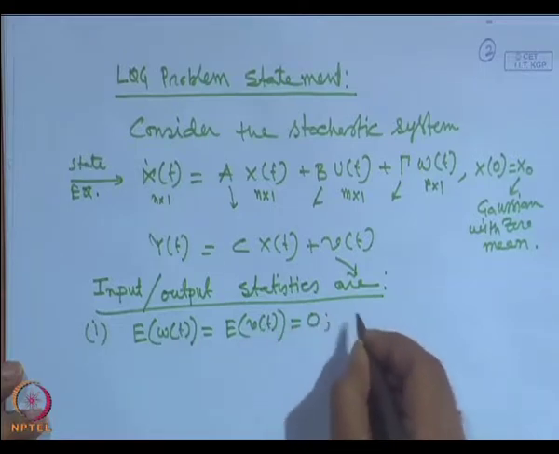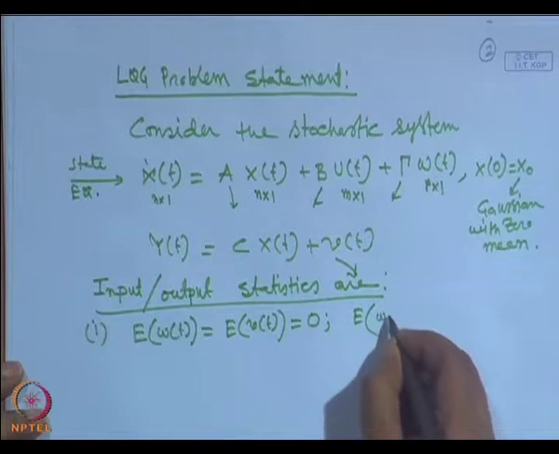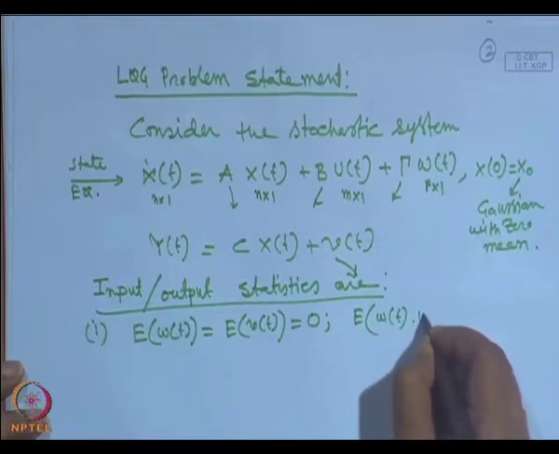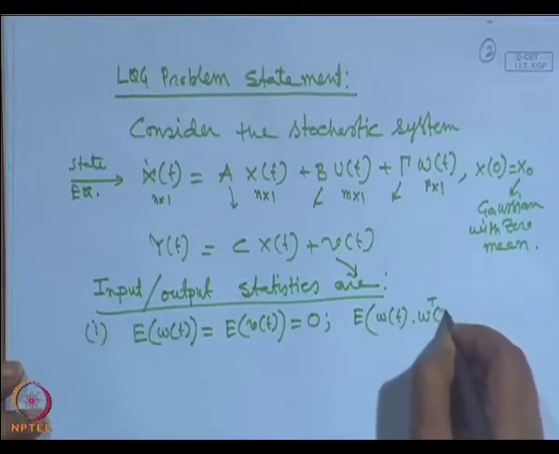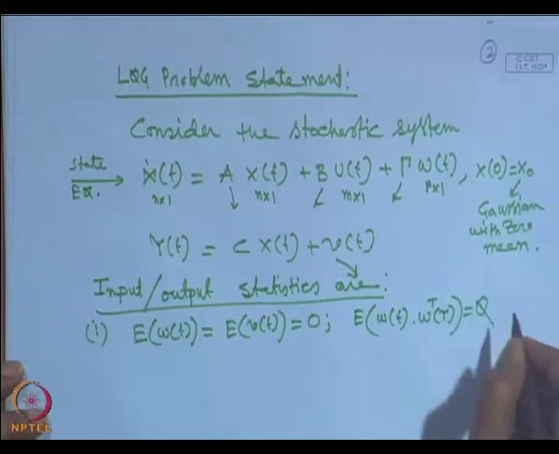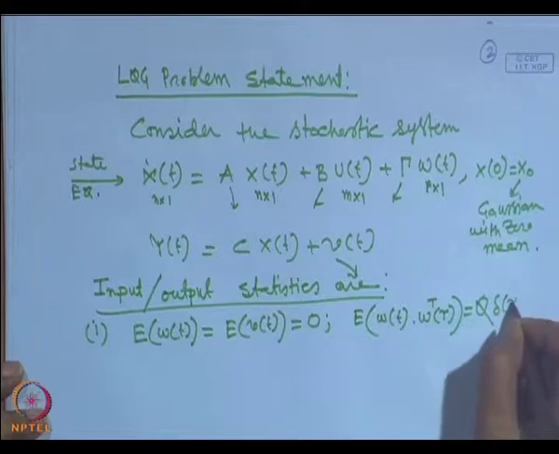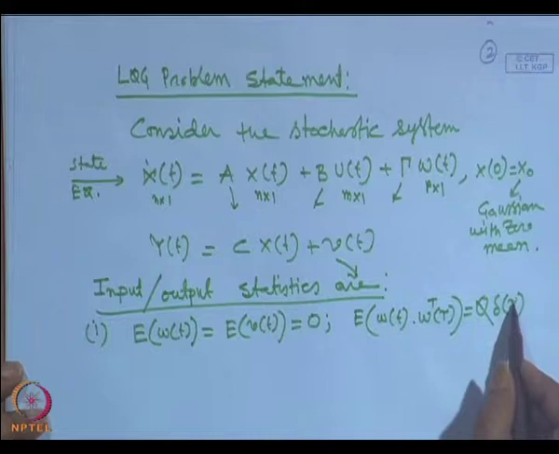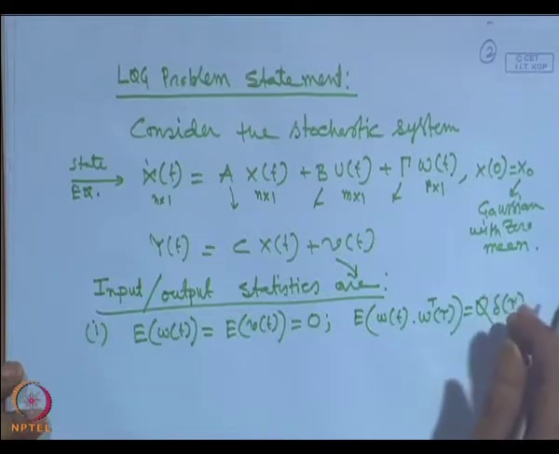Not only this, they are white noise, that means E of w of t into w transpose of tau equals Q delta of t minus tau. Delta is the operator: when t equals tau the value is 1, and otherwise it is 0.